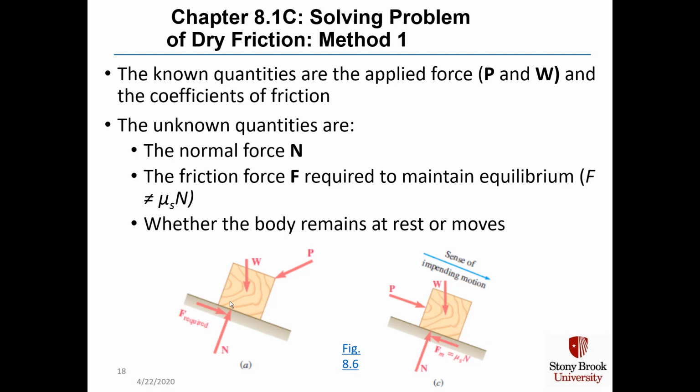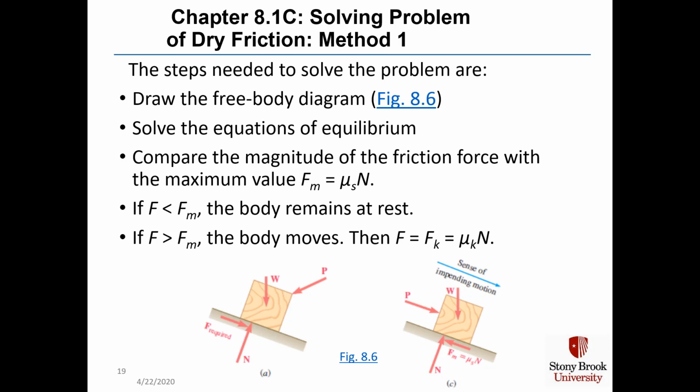F does not necessarily equal mu sub s times N unless F is at its maximum. And the other unknown is, does the body remain at rest or will it move?